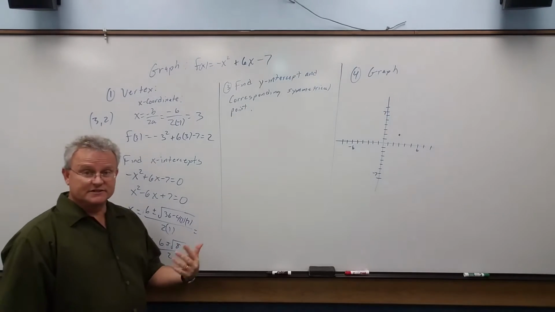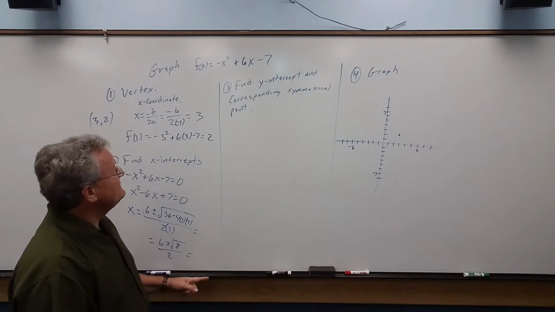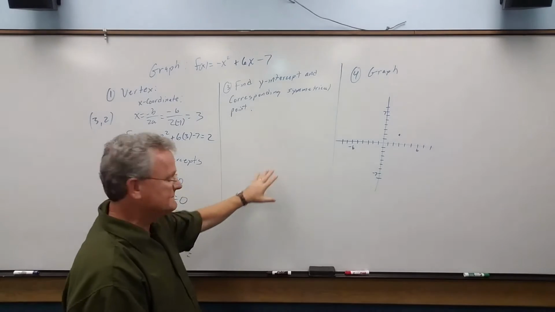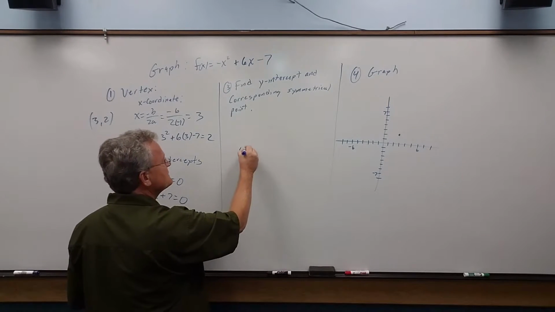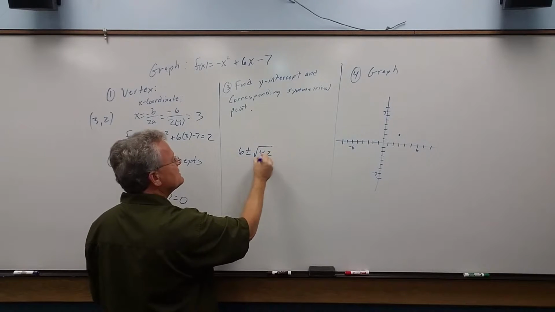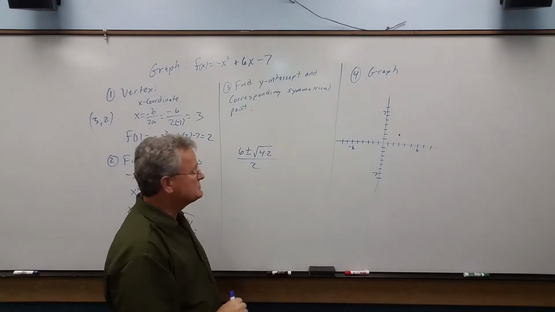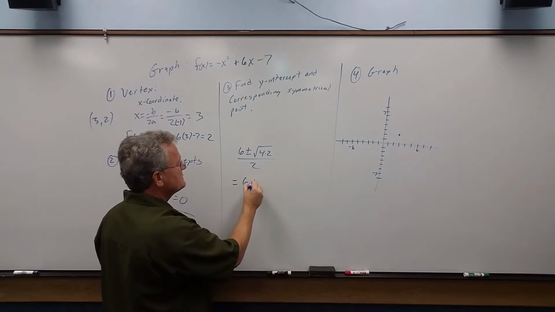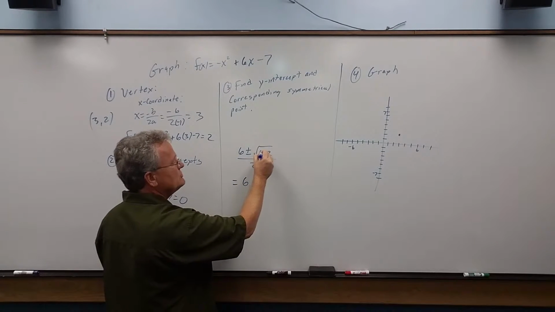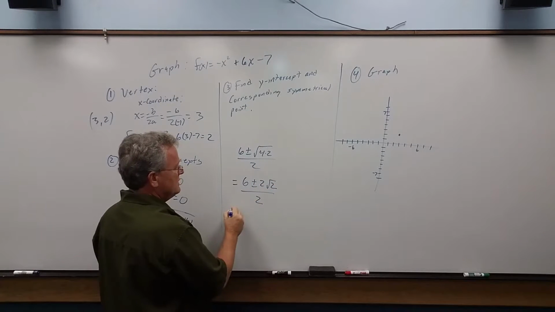Now, again, this can be simplified. So let me do it here and then I'll erase it. 8 is 4 times 2, and the square root of 4 is 2. So we get 6 plus and minus 2 root 2 over 2.